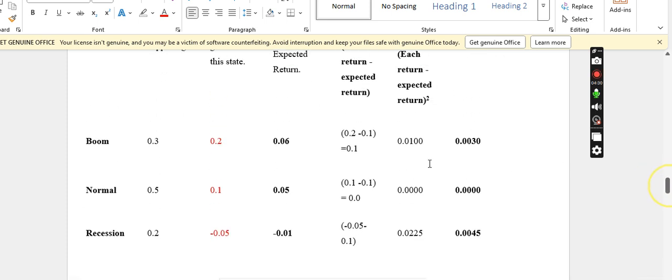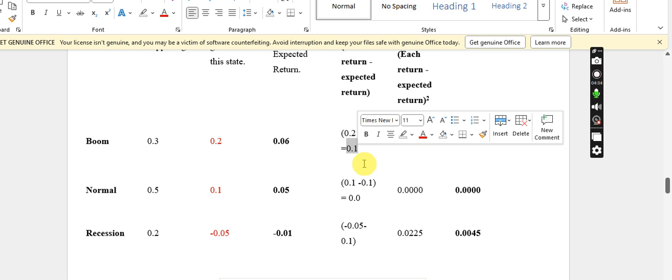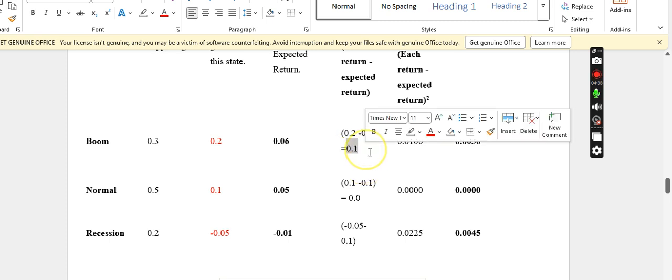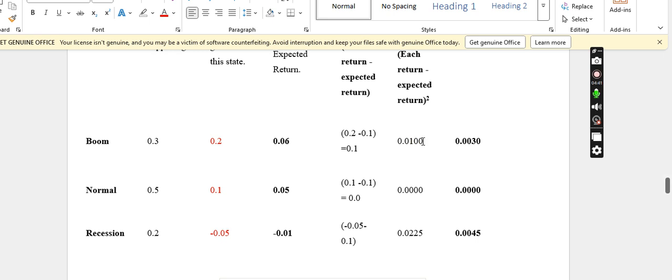So 0.1 squared, let's get our calculator to confirm, is it 0.01? Yes, it is. 0 squared is 0.